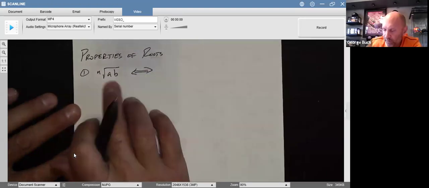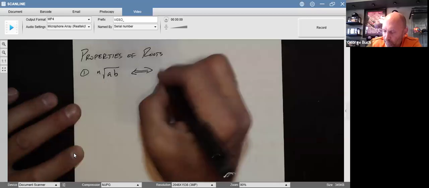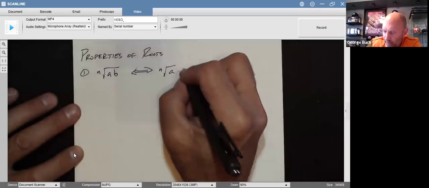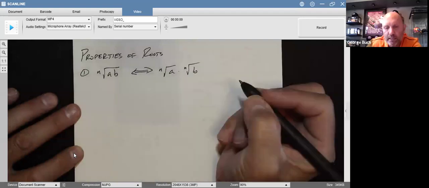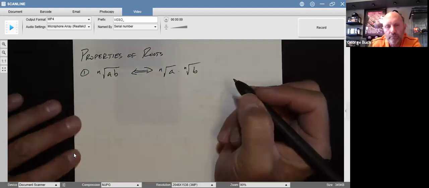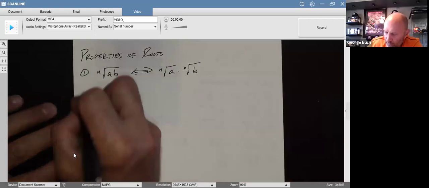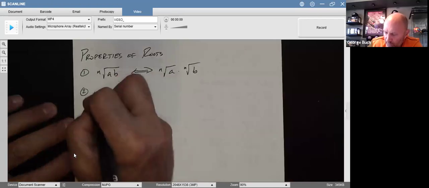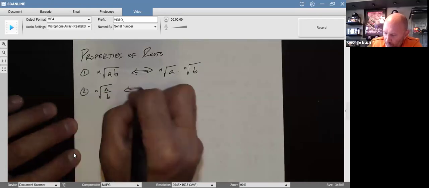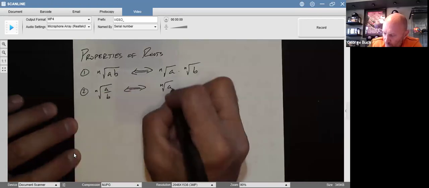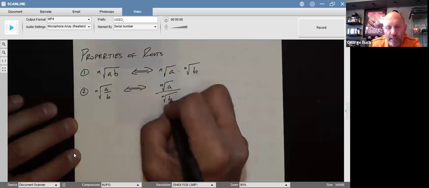But if it's written like this, I can break this apart as the nth root of a times the nth root of b. And similarly with fractions, if I have the nth root of a over b, I can break this apart as the nth root of a over the nth root of b.